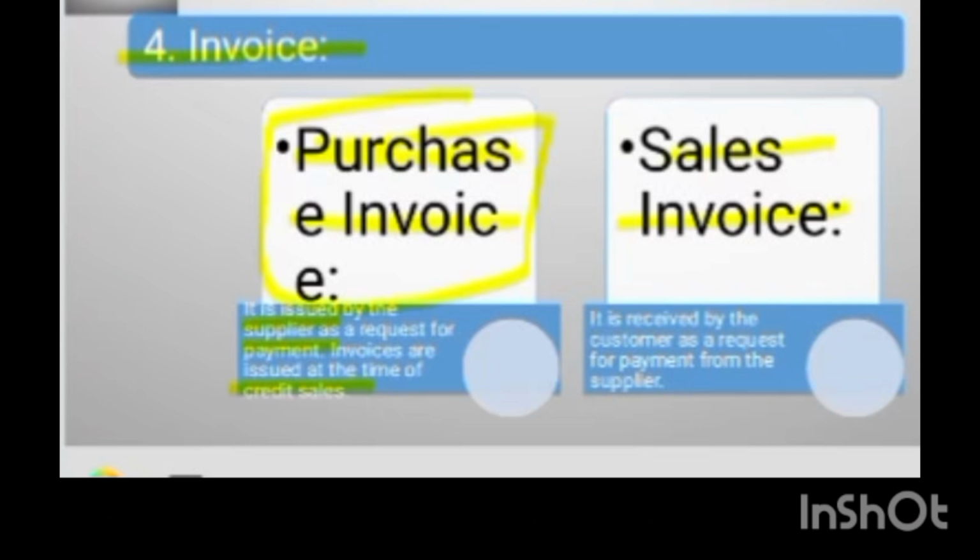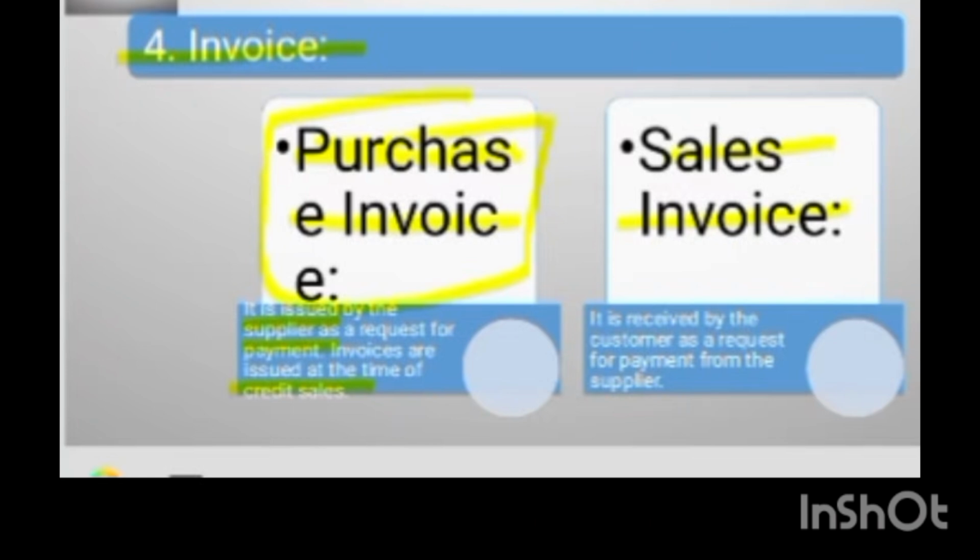This is the leftover amount that must be paid on the given date. परचेज इनवॉइस पर डिटेल मेंशन होती है कि कौन से प्रोडक्ट परचेज किए गए, उसका टोटल अमाउंट क्या है और ये अमाउंट ड्यू है और इस अमाउंट को कौन सी डेट तक पे करना है. दैट इज फॉर द क्रेडिट सेल्स. Then of course the customer will receive the purchase invoice.